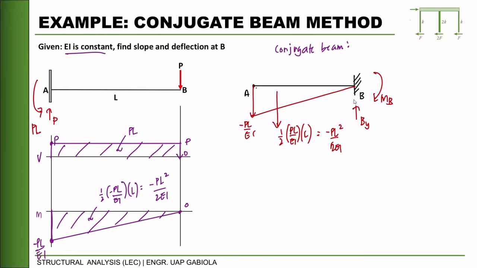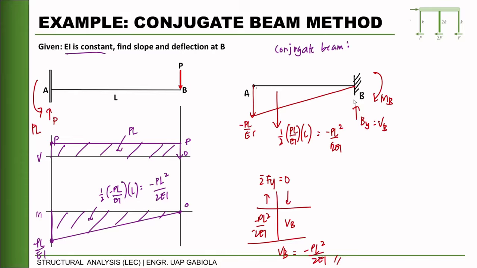For the shear at B, the summation of forces in y is equal to 0. So we have negative PL squared over 2EI, then VB. VB is equal to negative PL squared over 2EI. For the moment, the summation of moment at B is equal to 0.